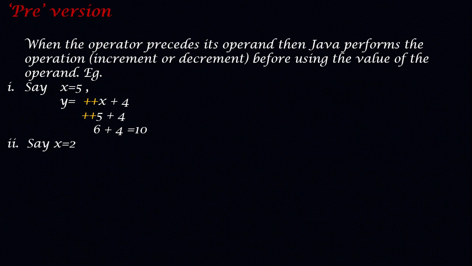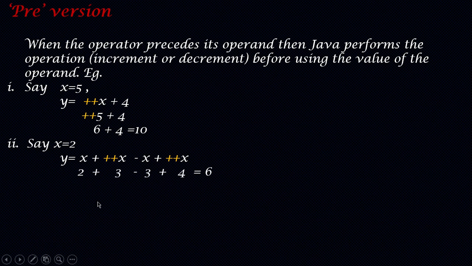Next example, let us say x has the value 2 and the equation is y equals plus plus x plus x minus plus plus x. Here a pre-increment operator is used, and another pre-increment operator is utilized. So what are the values present in these particular situations?